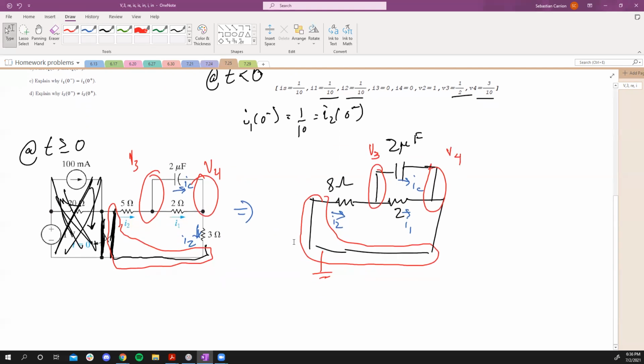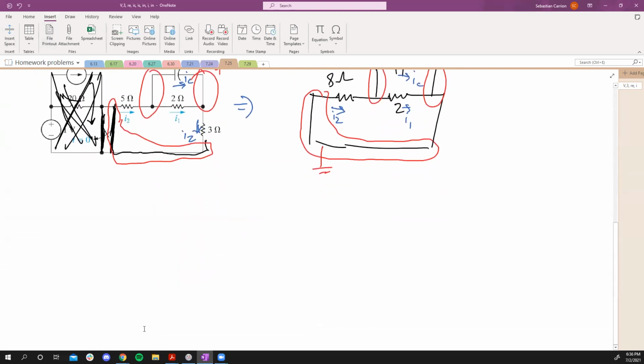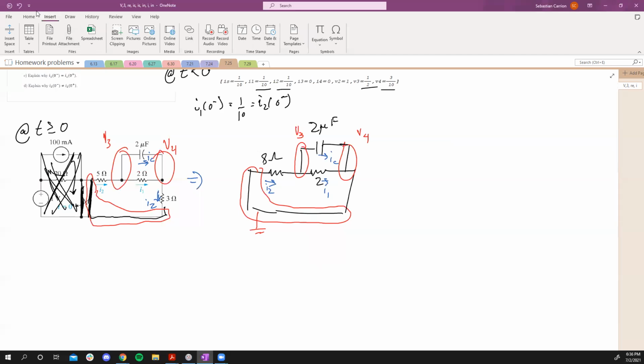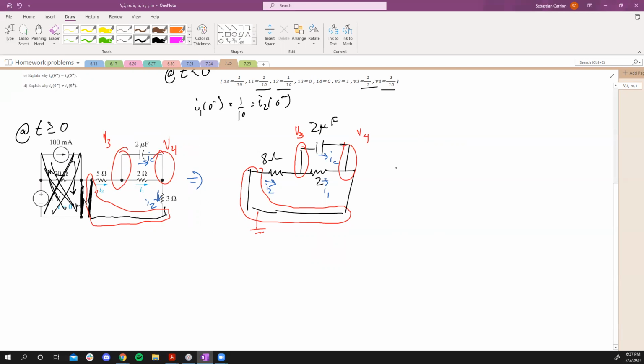Okay, so our KCL: I2 equals IC plus I1. Equations for the components: I2 equals 0 minus V3 over 8.